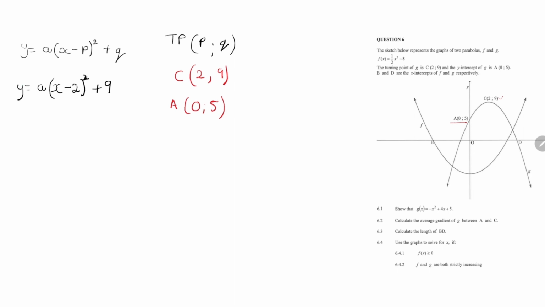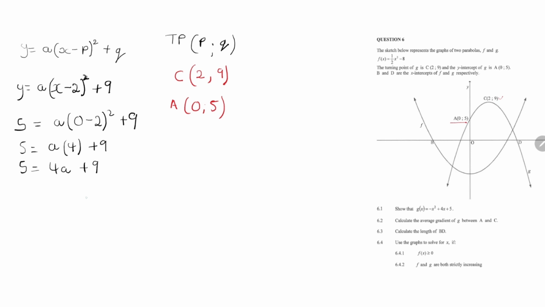For y, we will use 5, and x is replaced by 0. So 5 equal to a multiplied by (0 minus 2) squared plus 9. Then we have 5 equal to a multiplied by negative 2 squared, that is positive 4, plus 9. So that means we have 5 equal to 4a plus 9.